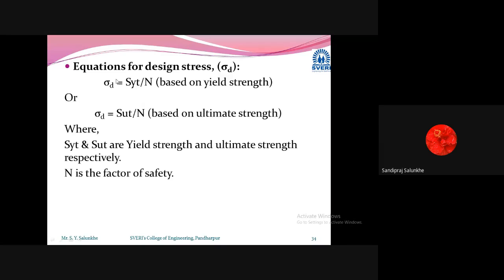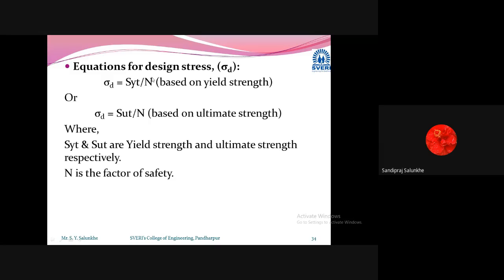Now, we are in need of calculating the design stresses, because once we get the value of design stress, then further we can write the equation that design stress is equal to design load divided by area, and we are interested in calculating that area, because the load which is coming, we may calculate, we may take data from previous tests as well as previous experience, how much load will come.